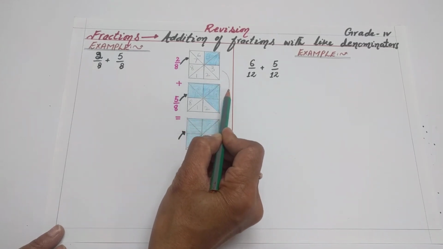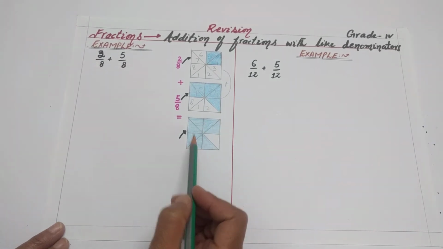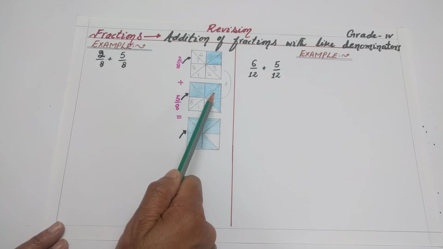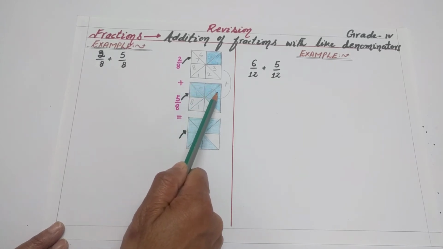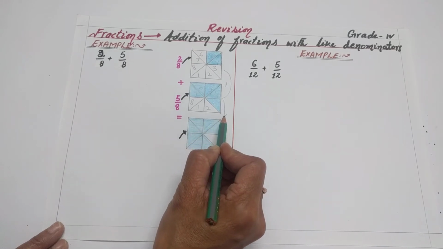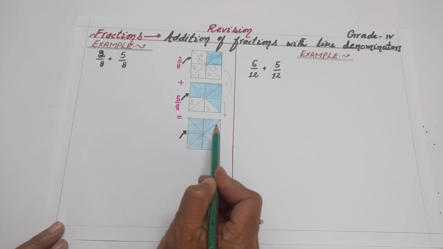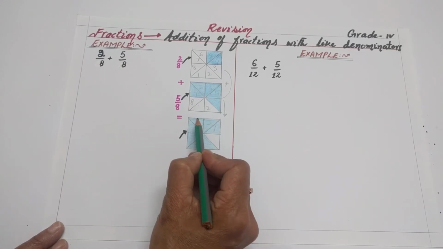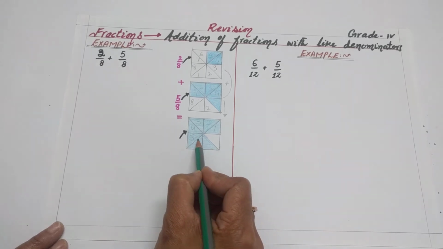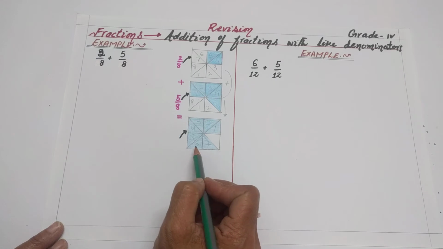We can easily combine these two shapes. So count the total shaded parts: 1, 2, 3, 4, 5, 6 and 7. We have total 7 shaded parts.